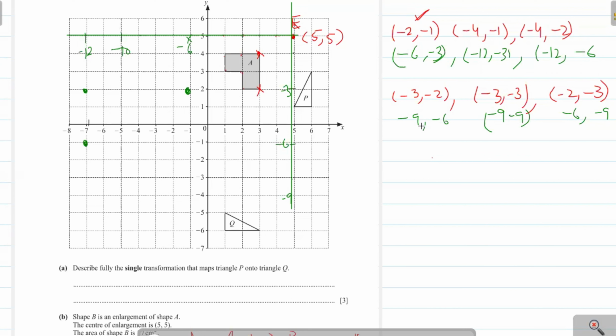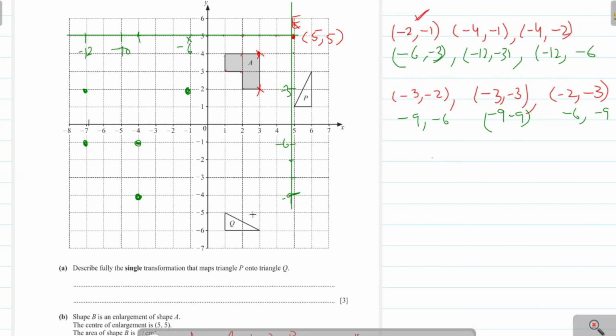And next is (-9, -6). Next is the position (-9, -9).